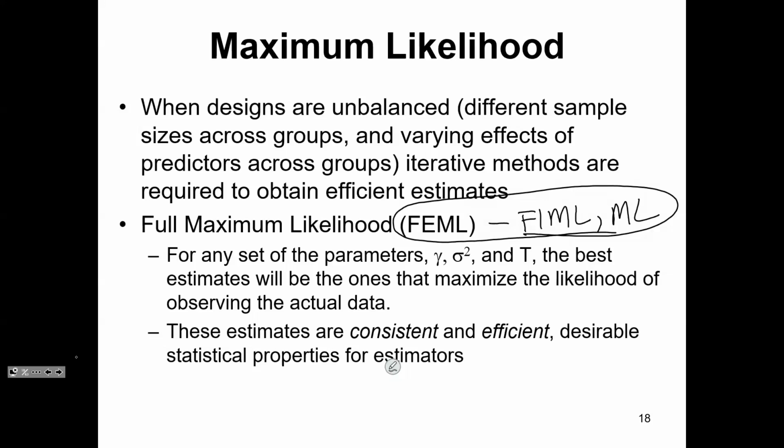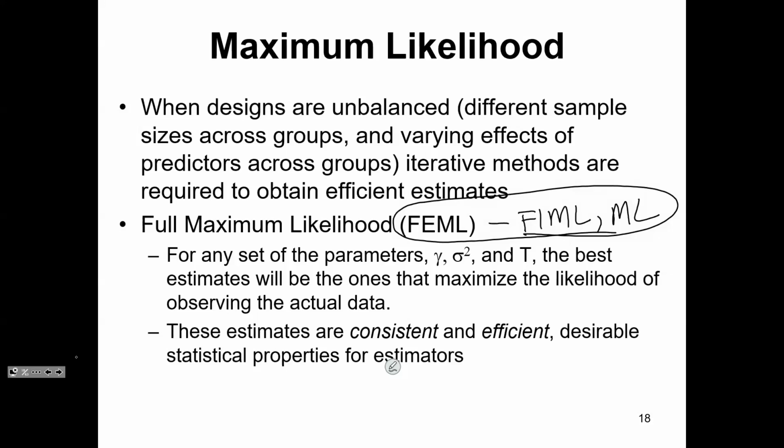We're going to pick parameters that maximize the likelihood of observing the data that we already have. That's really the essence of maximum likelihood. How that happens, don't worry. You can black box it. But that's what it is.